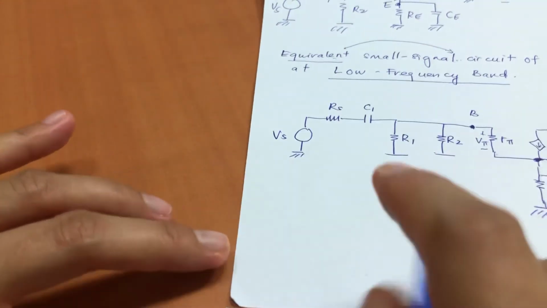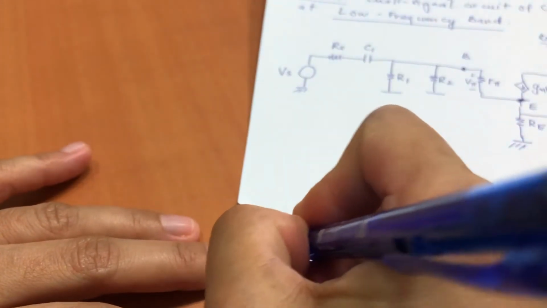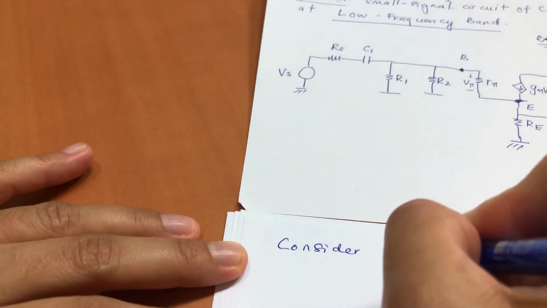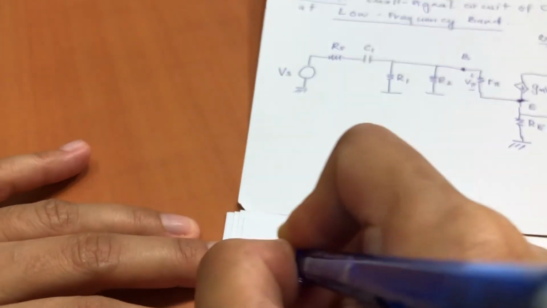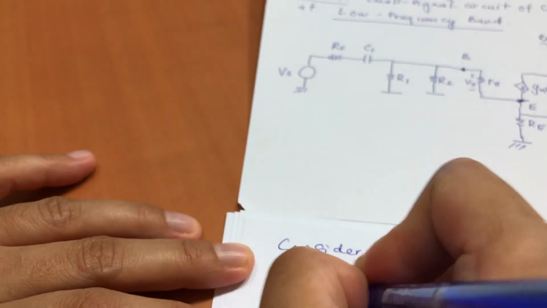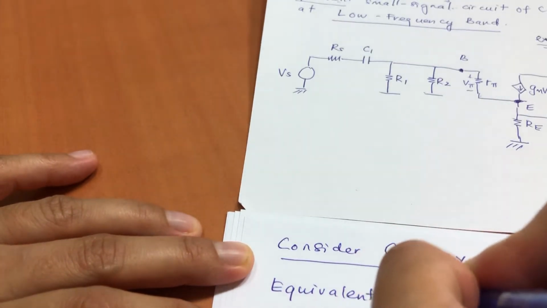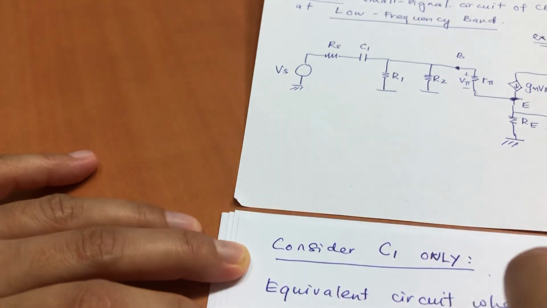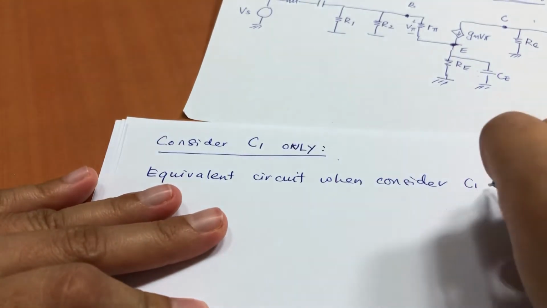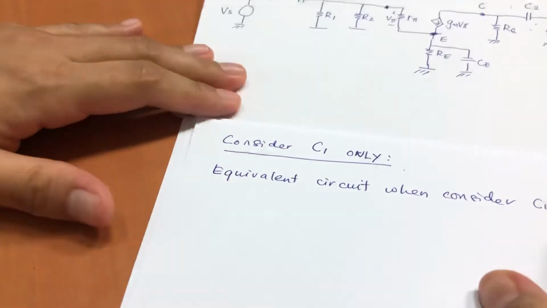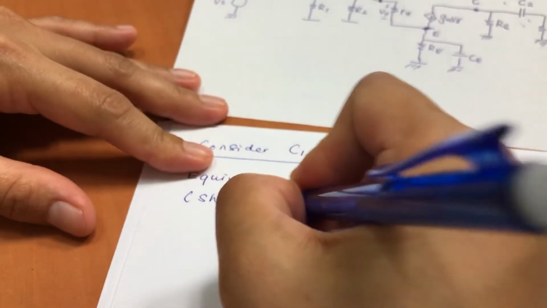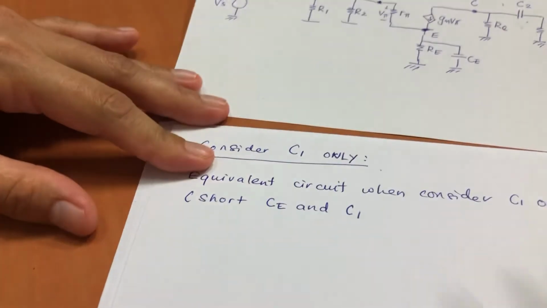Now consider C1 only. The equivalent circuit when considering C1 only is, what we do is we short CE and C2.